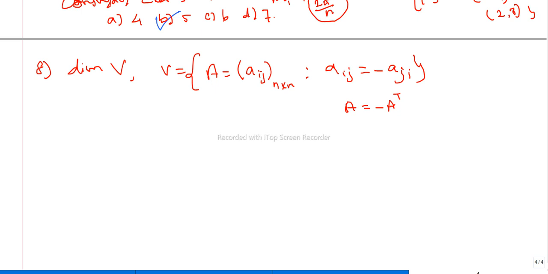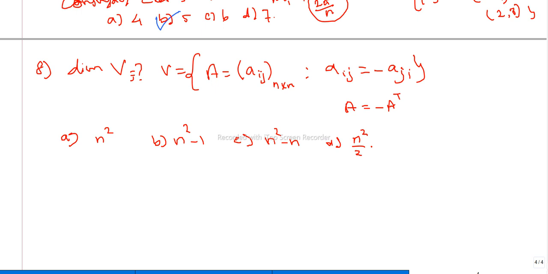What is the dimension of that vector space V? The first option is n square, the second option is n square minus 1, the third option is n square minus n, and the last option is n square by 2 over the field R.